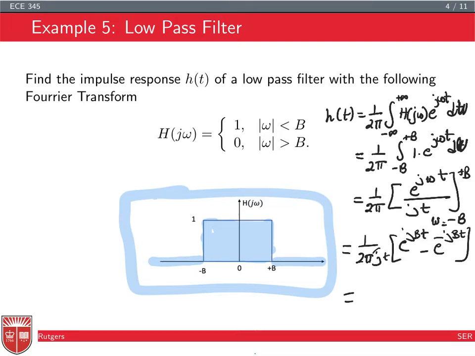You can bring the j here and the 2 here, and this is sine, so this is going to be equal to sine of bt divided by pi t, which is the sinc function.